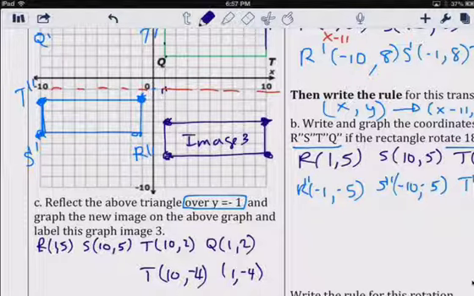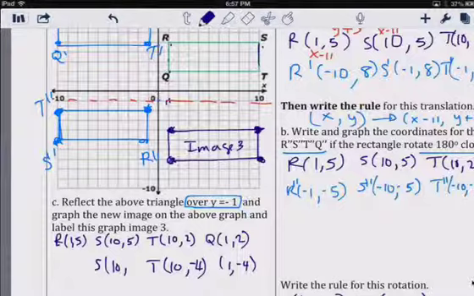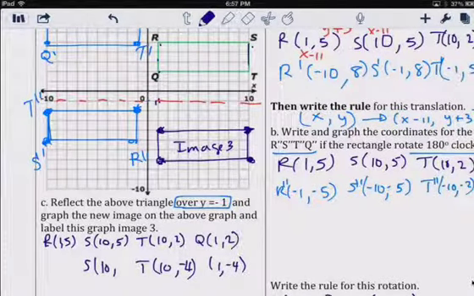So looks like, okay, S is going to be 10, negative 4, 5, 6, 7, negative 7, and R is 1, negative 7.